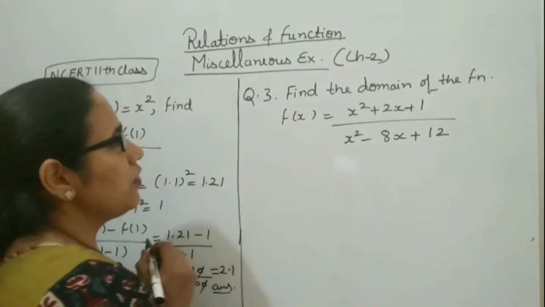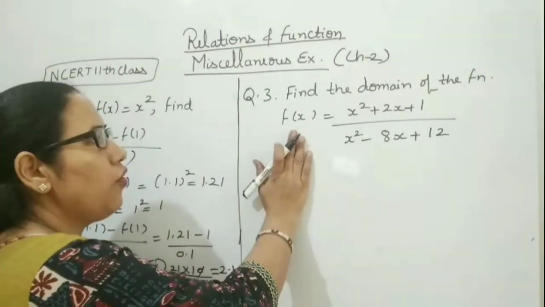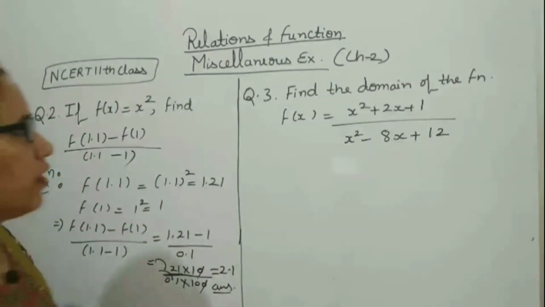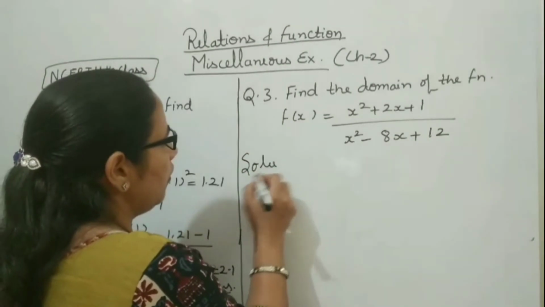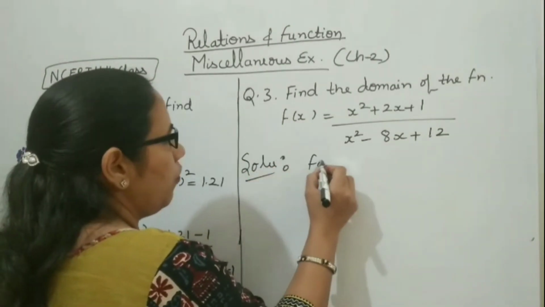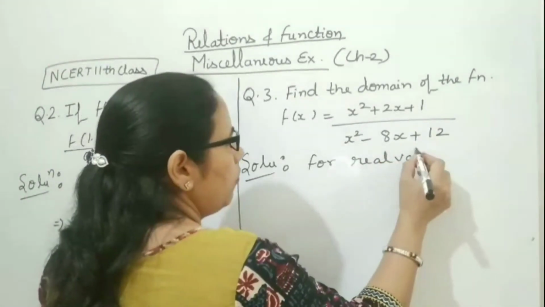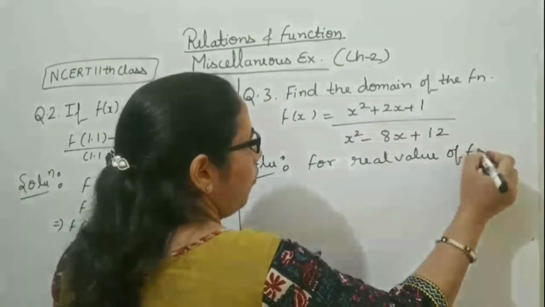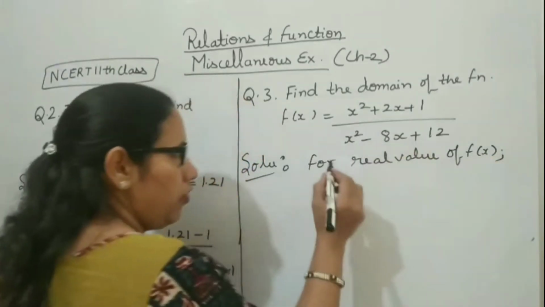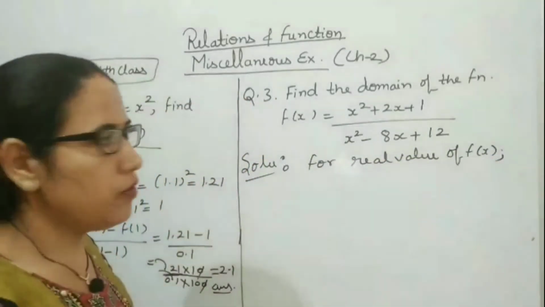Find the domain of the function fx. We have to find here domain for this function. So start with the solution of question number 3. For real value of fx, your denominator should not equals to 0.